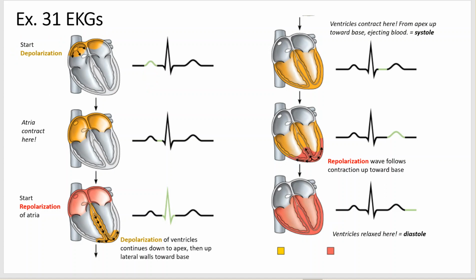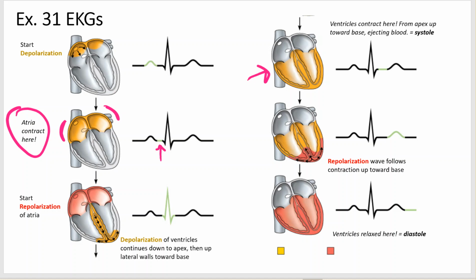The next step, once we have our atria all the way depolarized, we're at the flat stage of the graph. And remember, I said muscle contraction is always happening after the electrical activity. So in this flat part of the graph, this is where atria are going to contract. Any time you see a picture like this, where something is fully depolarized, depolarization is the message, the action potential that's telling muscle cells to contract.